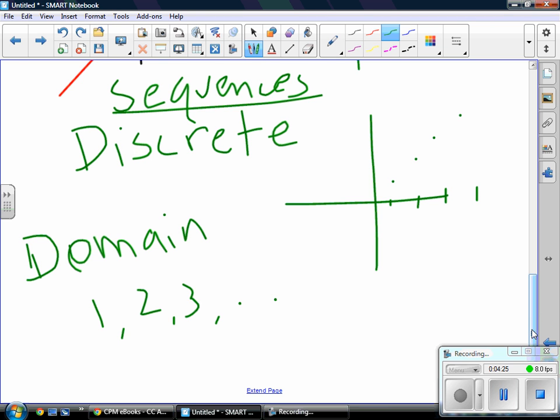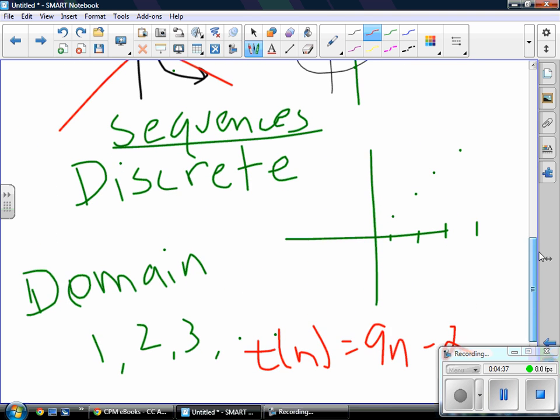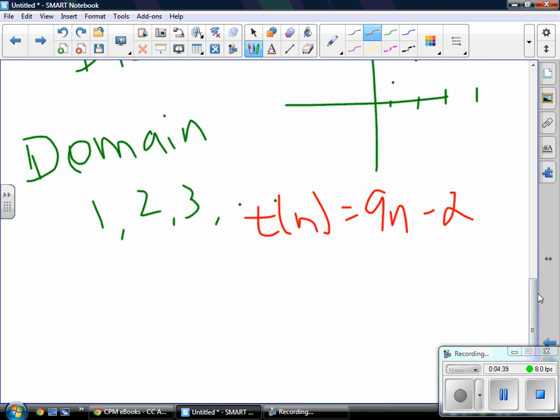Well, in the sequence that they gave us, t of n equals 9n minus 2, I know that's kind of like a line, except since it's a sequence, the points are disconnected. So when I plug in 1, I'm going to get out 7.